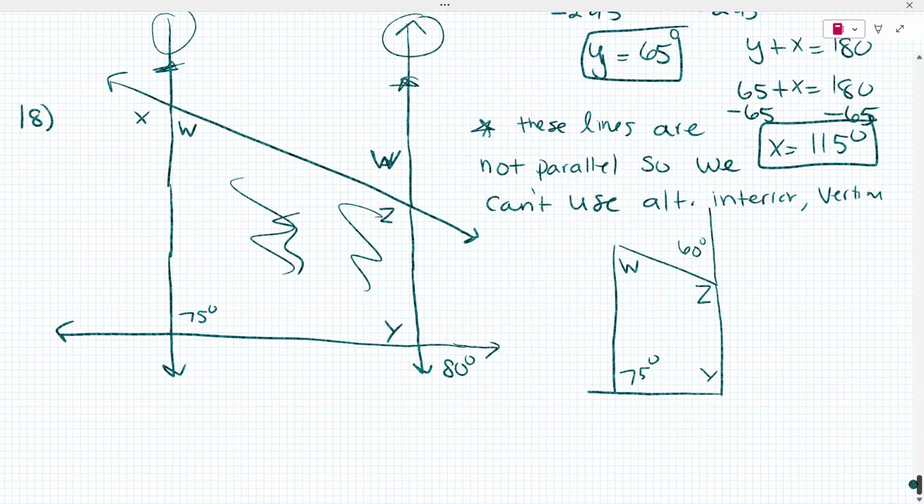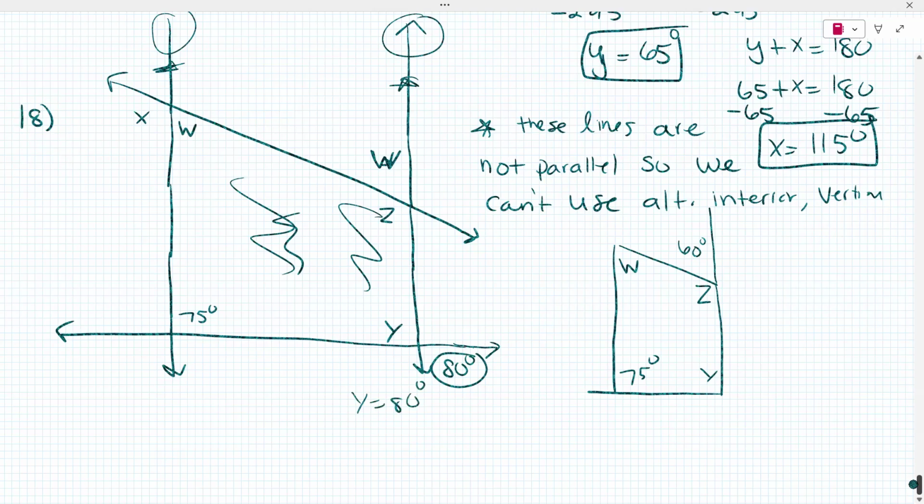Okay, actually, I believe we can use vertical angles. So the 80 degree is vertical with angle Y. So we could say Y is 80 degrees. Okay.